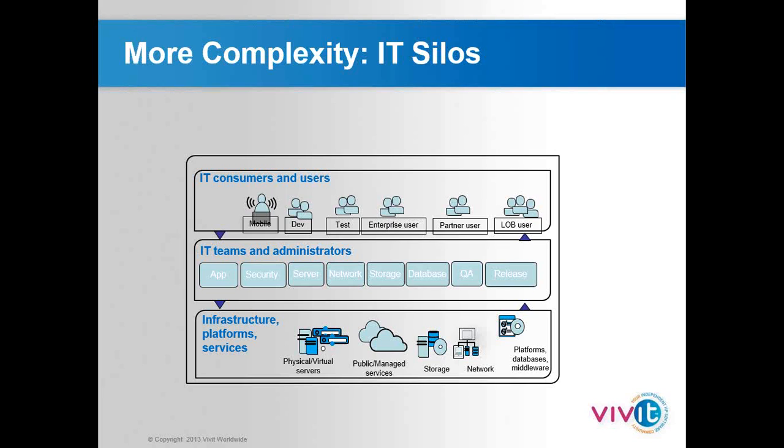Along with it come the applications, the databases, and the web services, which sit on top of this infrastructure and which are used by the customers, the employees, and the partners alike.